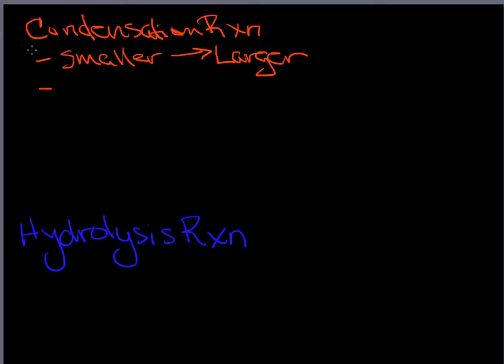It was water vapor in the air, and then as it hit your cold glass, it condensed back down into a liquid. So essentially, it looks like water is coming off your glass, but in this case, when we do a condensation reaction, water is actually coming off of the molecule.